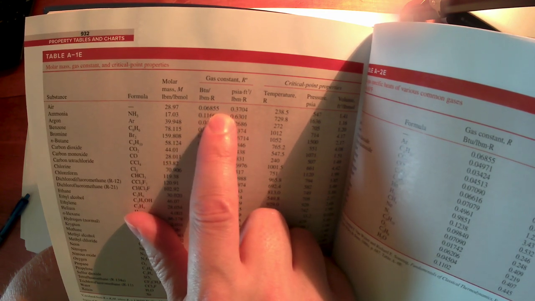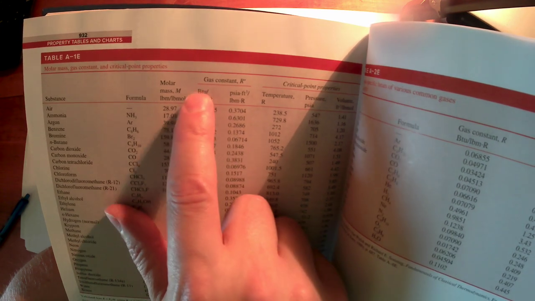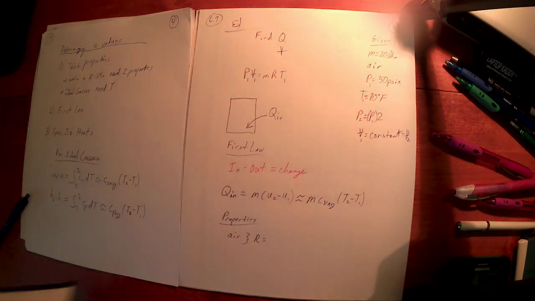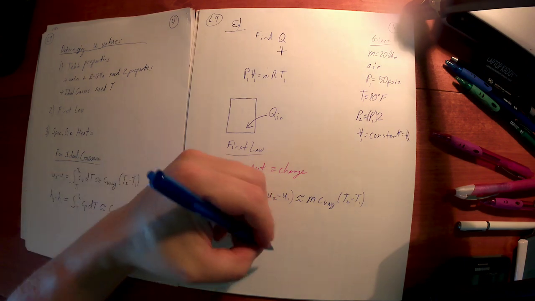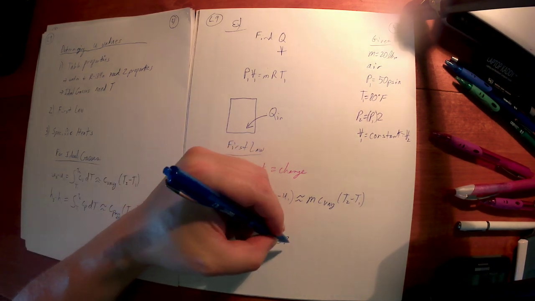But sometimes you need these units, sometimes you need those units. It's easy to convert BTUs to pound force feet, and then convert pound force feet to pounds force per square inch times cubic feet. That's doable, but that's already done for you in our text. I don't know if your text does it.